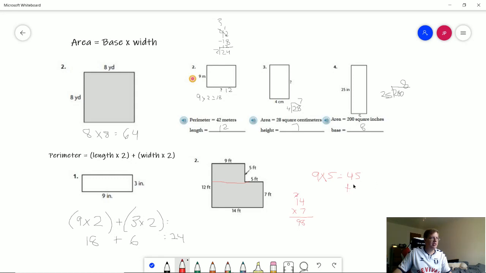So we would end up with 45 plus 98, and that should give us 143 for our area. And that would be in square feet, so our area would equal 143 feet squared, if we wanted to write it that way, instead of using the words.